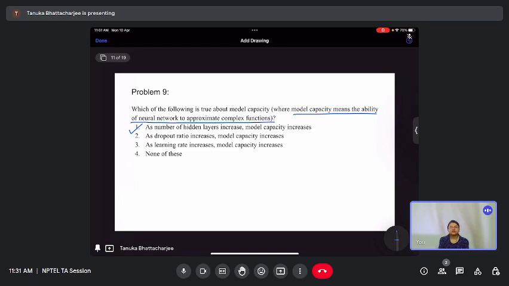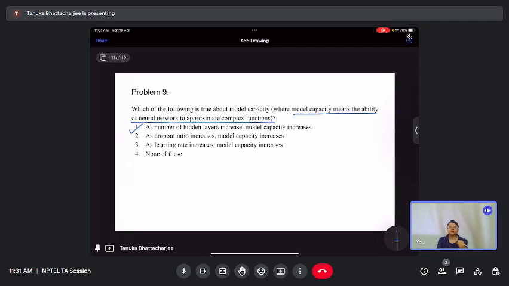The learning rate also does not help in this. Learning rate basically helps in faster convergence. It is the step that you take during gradient descent. If you have too small a learning rate, you will take very small steps towards the minima, so your time to converge will be higher. But if you make your learning rate too high, maybe you will reach near the minima quickly, but then cross the minima and go to the other side.